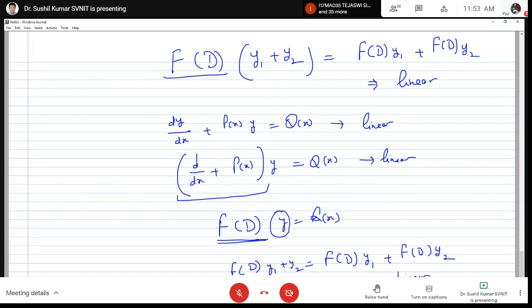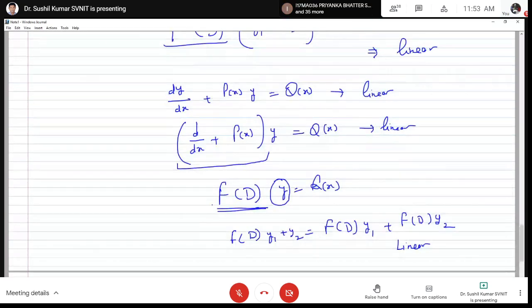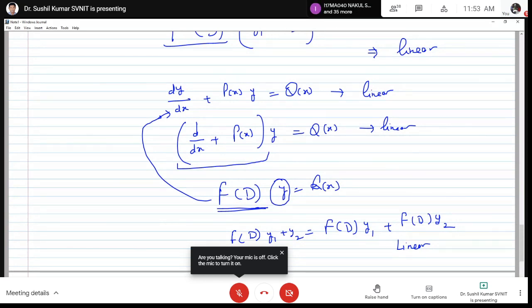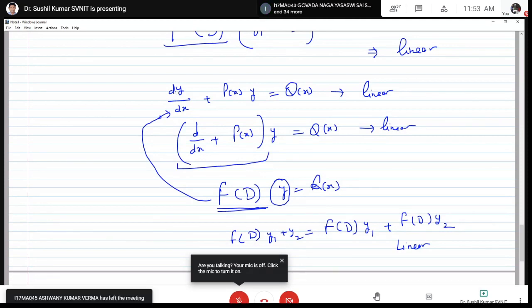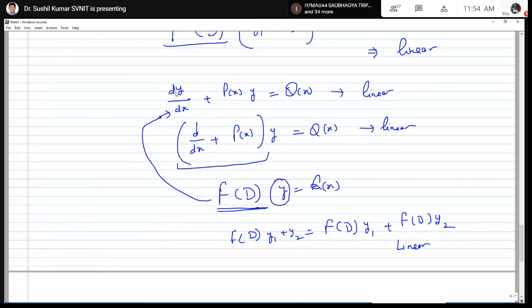Or see, for the same equation, rather than using this one, we can directly use this part. What we'll do, we'll replace this y by y1 plus y2. Okay, or you can write in general form alpha y1 plus beta y2, or simply alpha into y, because if you're using y1 plus y2, then you have to use two conditions, y1 plus y2 and alpha y. So rather than using these two conditions, just use one condition, alpha y1 plus beta y2.